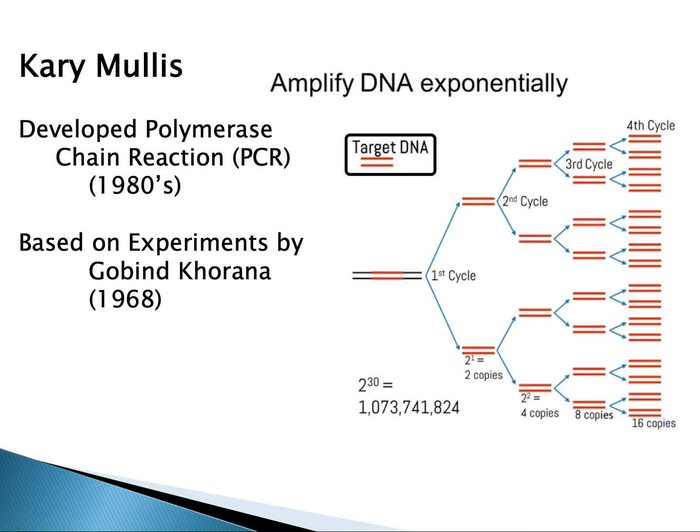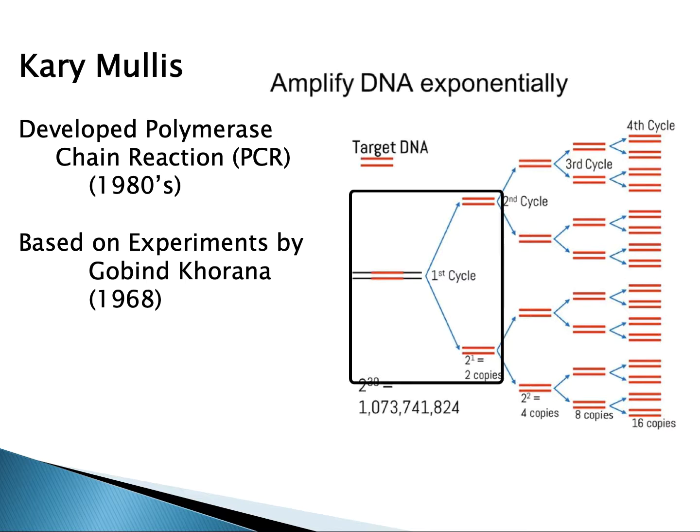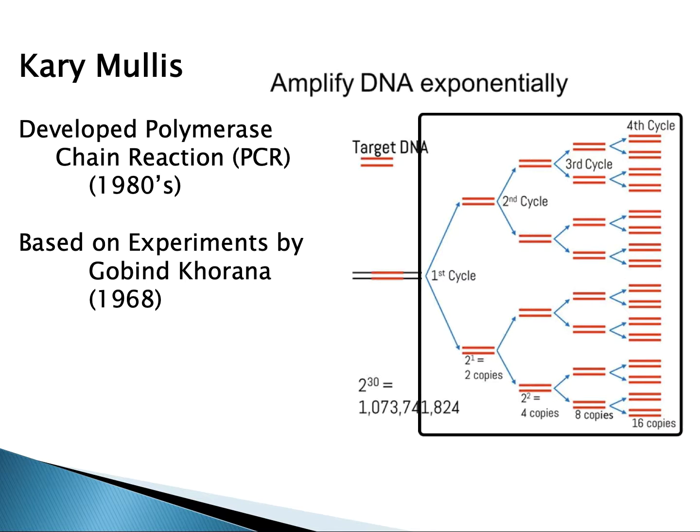Using a target DNA, you could produce primers for each end and use a DNA polymerase to heat and cool and polymerize copies of that target sequence over and over and over again. So you didn't need to use bacteria to make more copies of the fragment that you were interested in. You would just do it in a small test tube, in a PCR reaction.